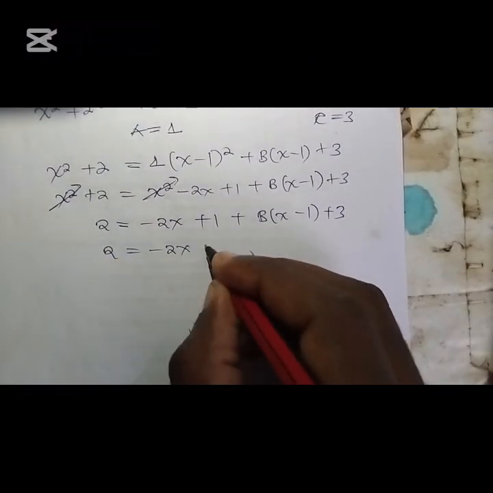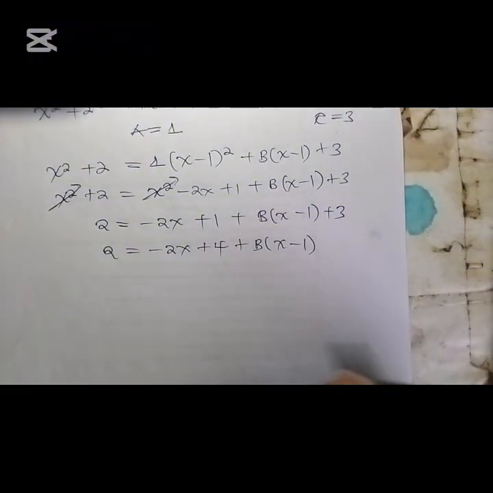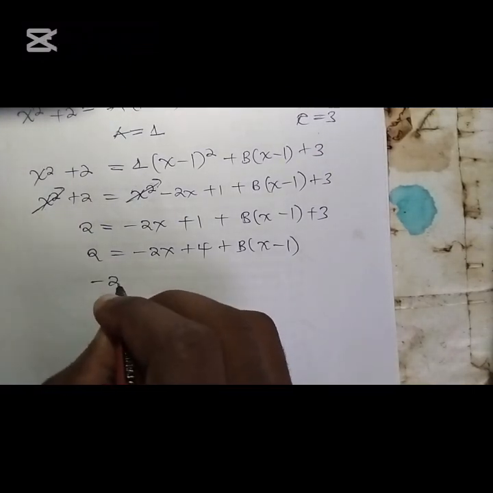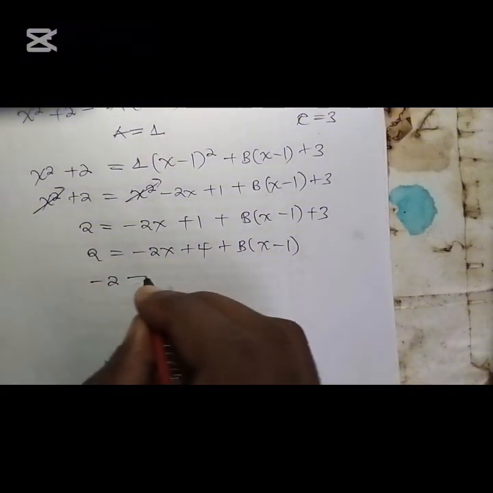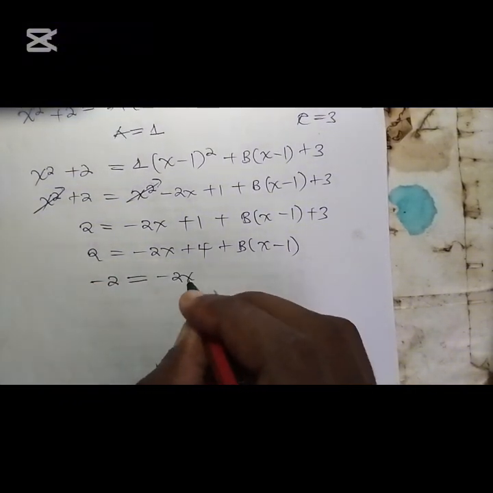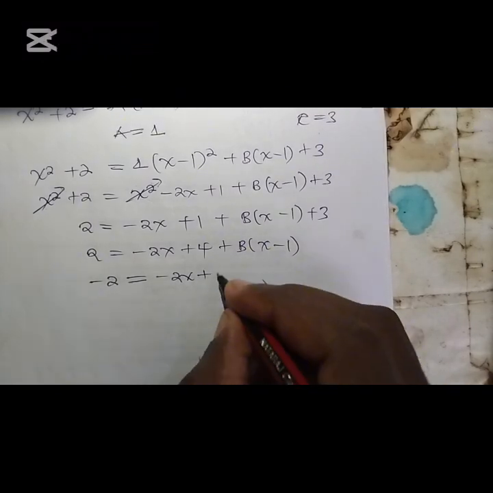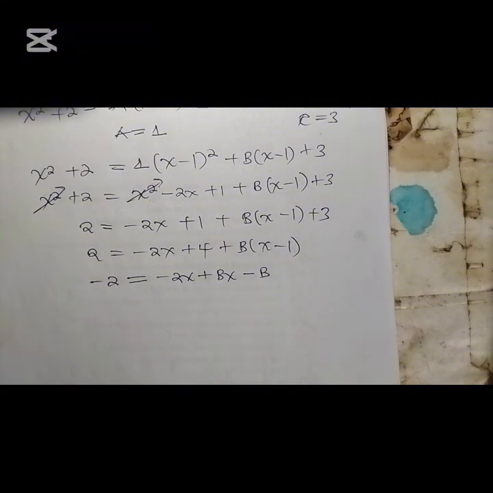Negative 2x, then plus 4, and then plus b, x minus 1. Then after that, we take this to the other side, it will be negative 2. If you subtract 4 from 2, it will be negative 2, which is equal to negative 2x, then plus bx, then minus b, like that.